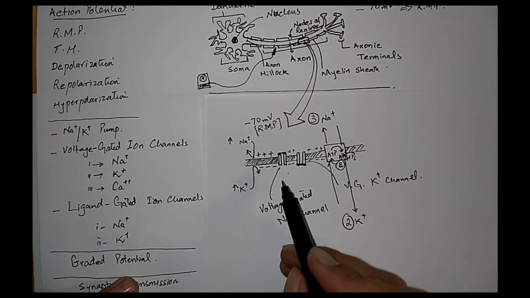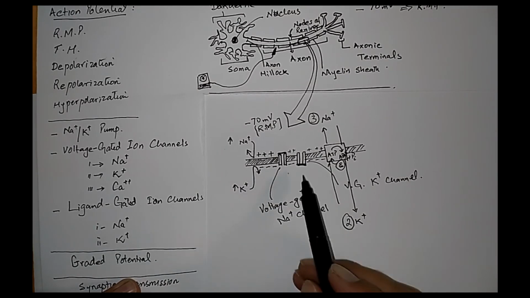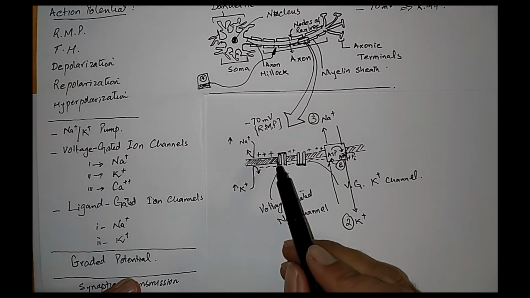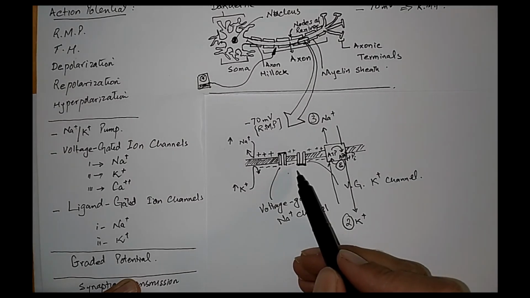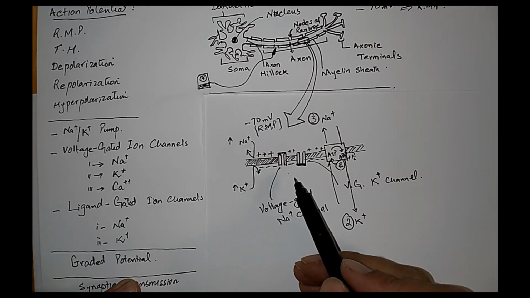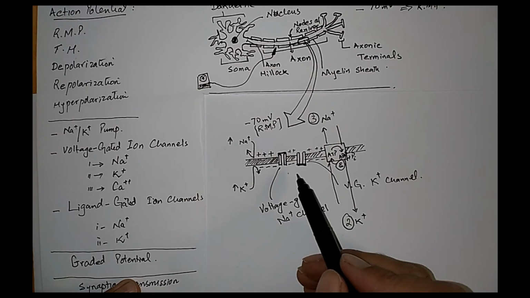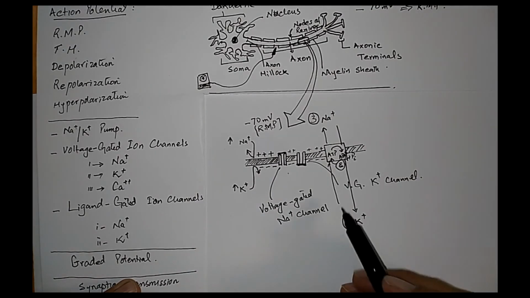Right, so until now we have discussed 3 types of structures involved in maintenance of the resting membrane potential. There are voltage gated sodium channels that regulate the movement of the sodium ions at the time of the action potential, and these gates can be opened only when there is a change in the charge, and we will see that when we discuss the action potential in the next video.